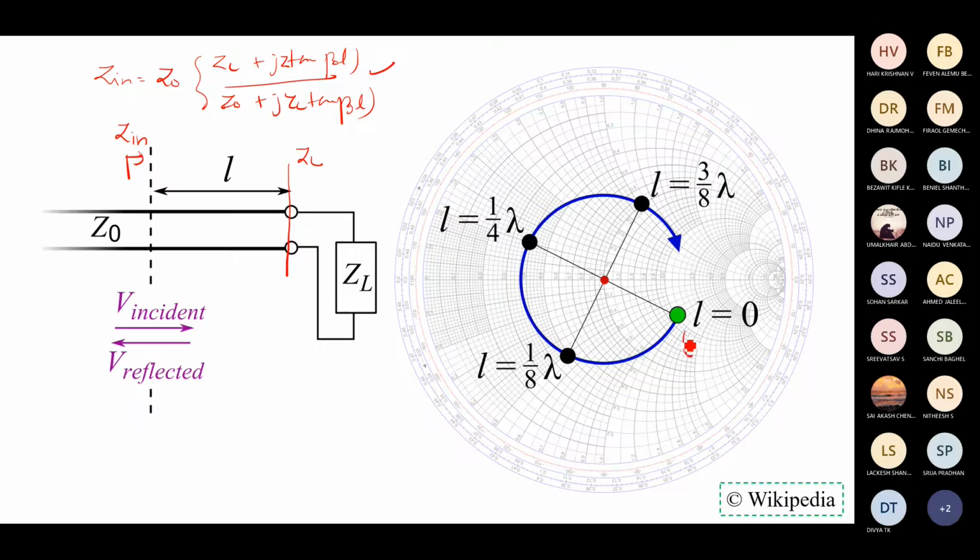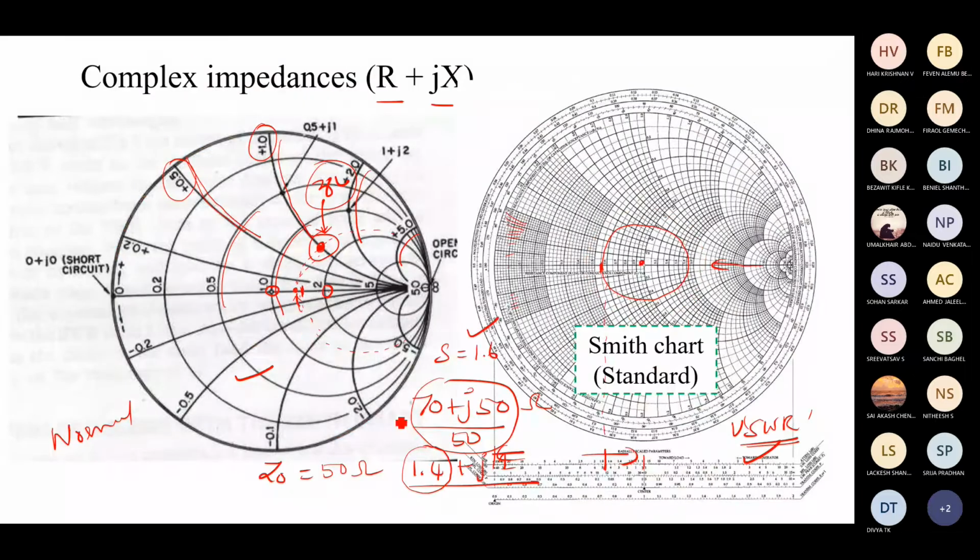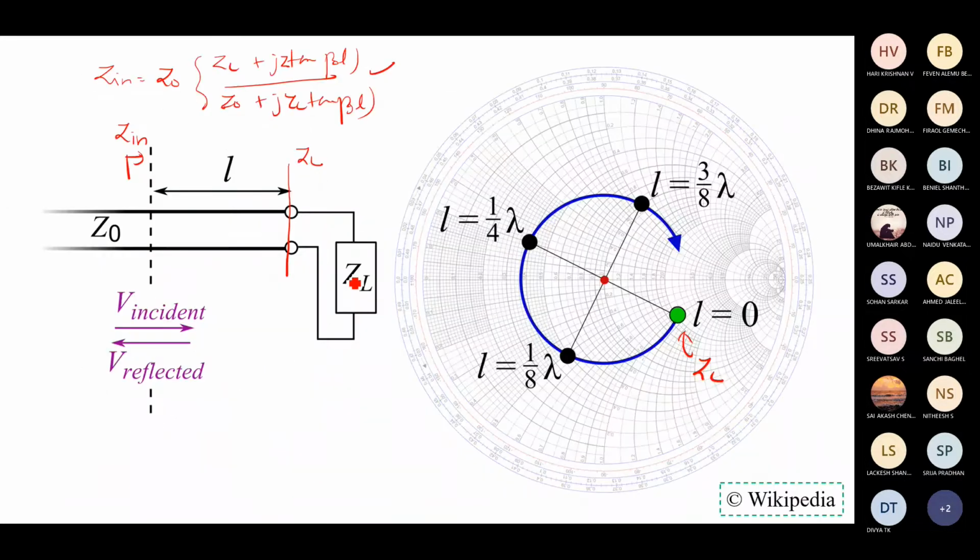If this is the point where we have mapped our ZL using this technique, by calculating the normalized impedance, using the proper scales we have mapped it. Like that we have mapped the ZL.